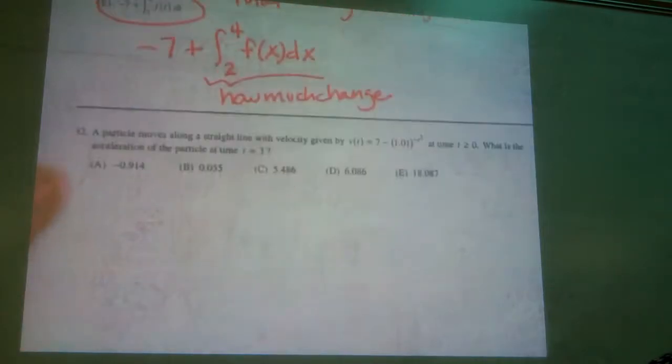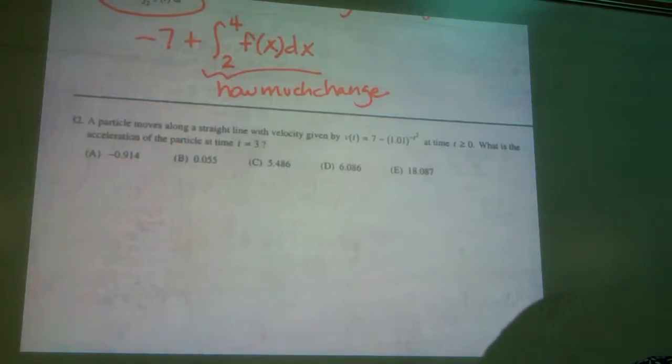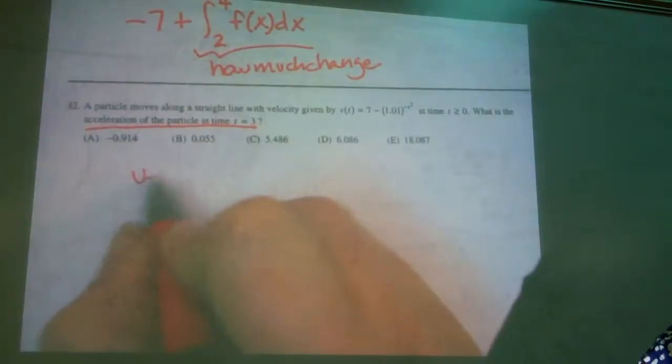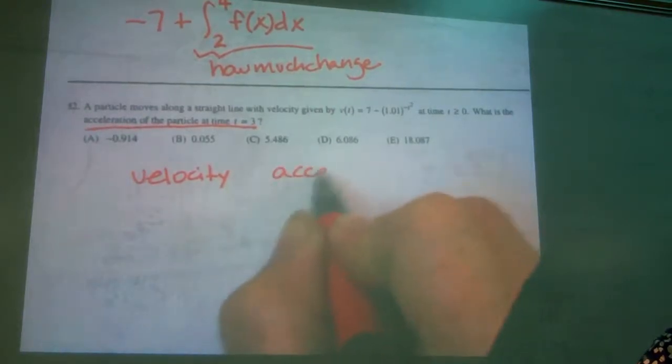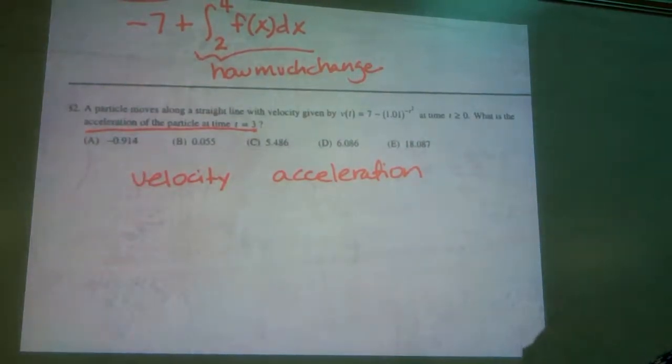Okay, so let's look at the next one. A particle moves along a straight line with velocity given by, and then they give you this velocity formula. What's the acceleration at 3? So what's the relationship between velocity and acceleration? I did like that little chart, but I think I did the order wrong. I did position, acceleration, velocity.